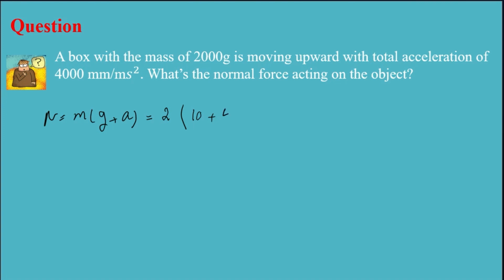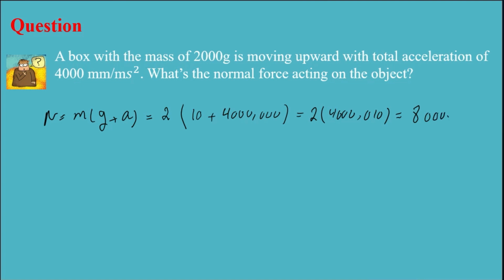And the acceleration I found is 4 times 10 to the 6, so it's going to be 2 times that sum. So it's going to be approximately 8 times 10 to the 6, approximately, if we ignore that 20 part right here. So that's going to be in newtons.